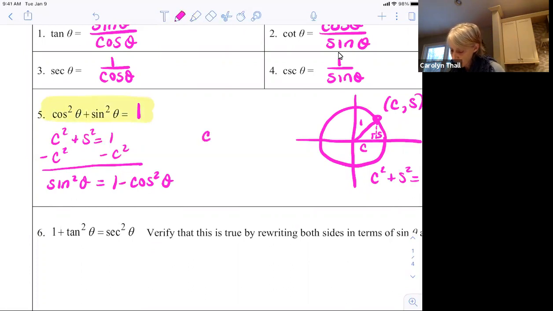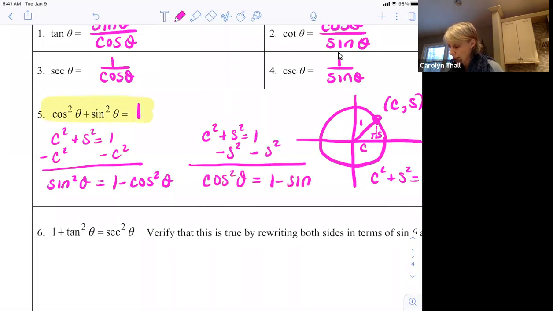We could do cosine squared plus sine squared equals 1. This time subtract sine squared from each side. And we wind up with cosine squared theta equals 1 minus sine squared theta. So again, these are two manipulations we get when we rearrange that basic Pythagorean identity.